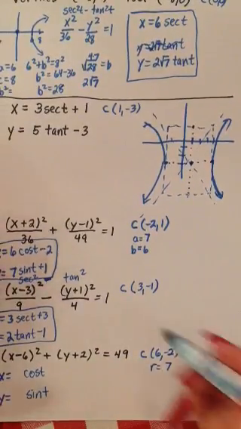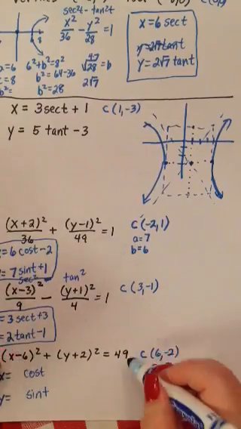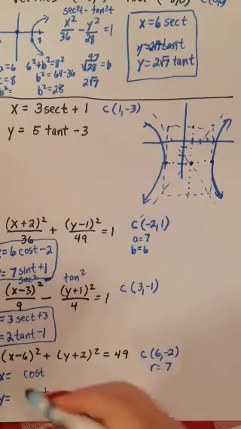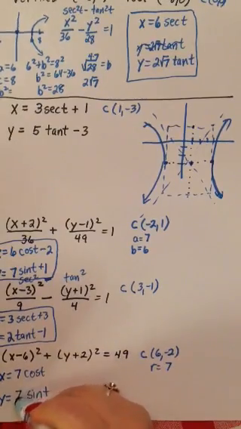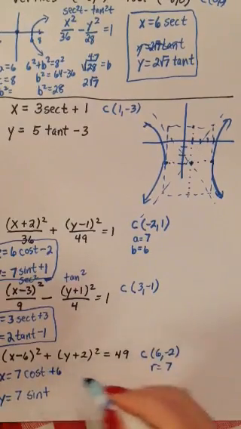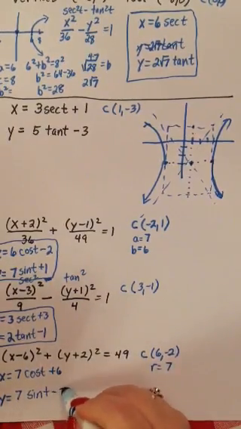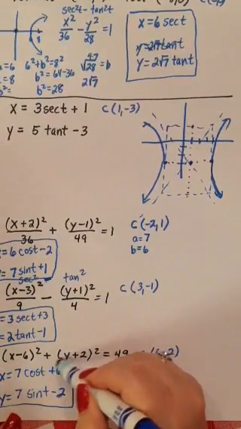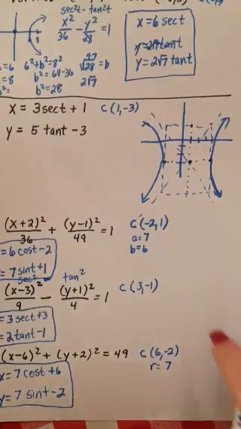And then the radius, this is r squared is 49, so radius is 7, so that's what goes right in front. And the x portion of the center is 6, so you go +6. Y portion of the center is -2. And so those are our parametric equations for that circle.